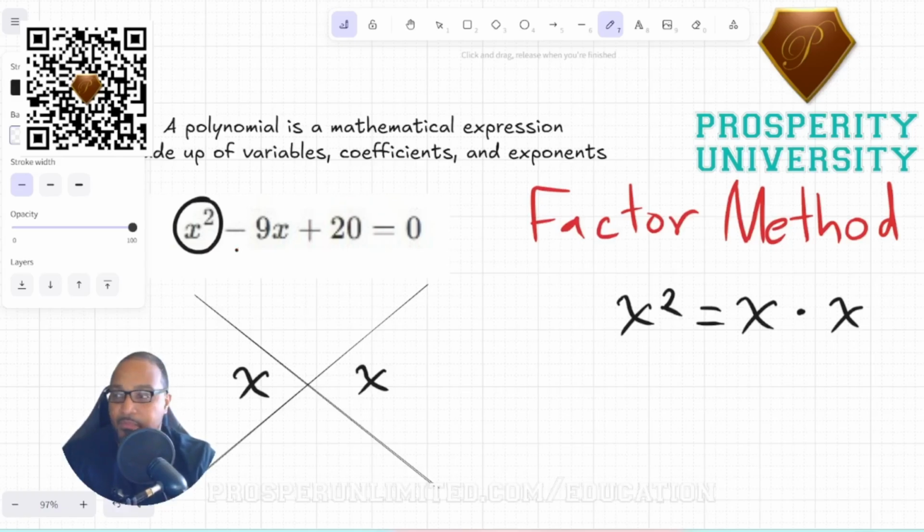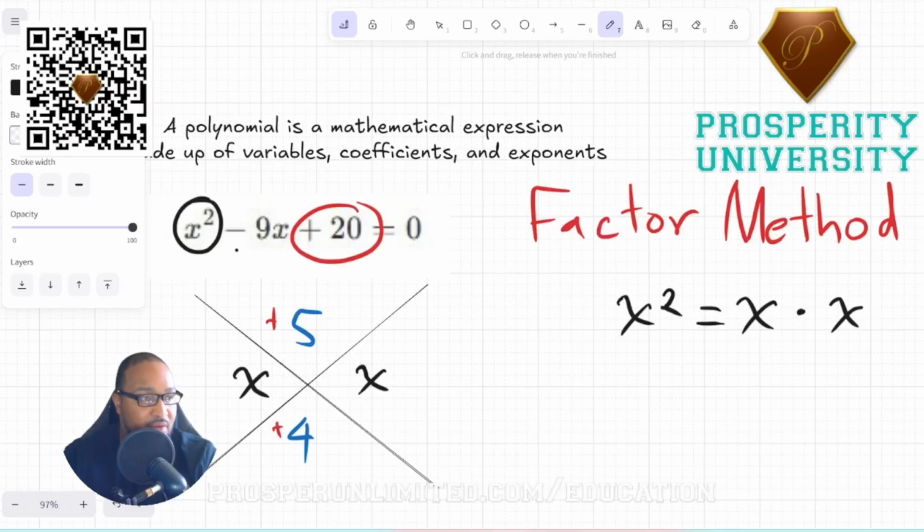How would we figure that out? So let's think. What are the factors of 20? Well, one of the factors of 20 would be 5 and 4, right? We know that 5 times 4 makes 20. Positive 5 times positive 4 make positive 20. So we got that out the way.